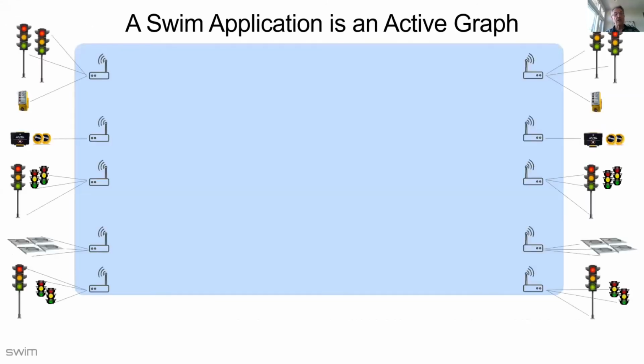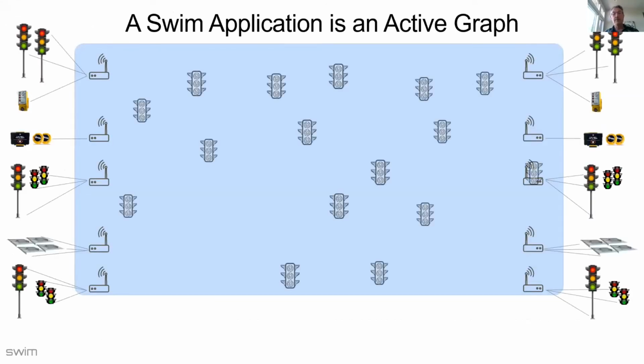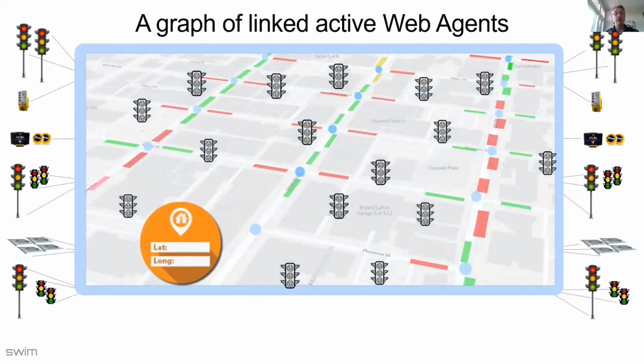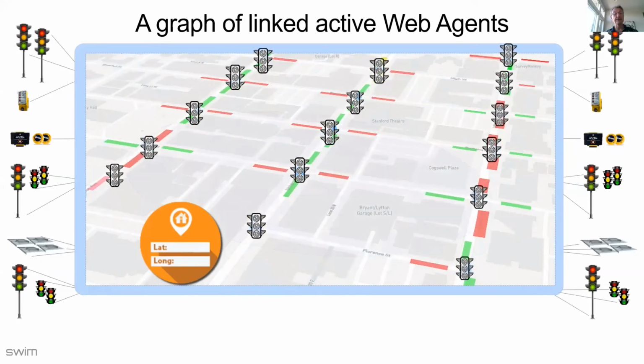Okay, so an application then is an active graph. Now here you just see a bunch of web agents, each of which is some intersection in a city. Actually, we have really cool things in Swim, which is this notion of relationships which are dynamic and computed. And we have built in a whole bunch of find functions and geospatial functions and so on.